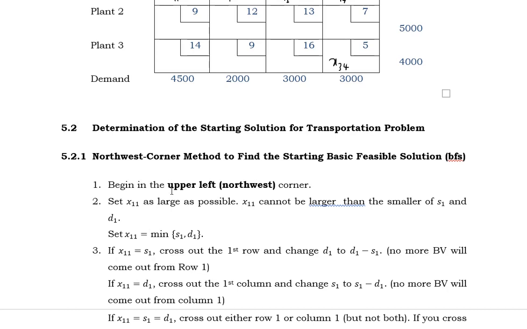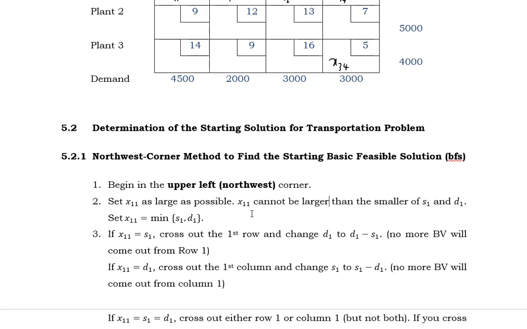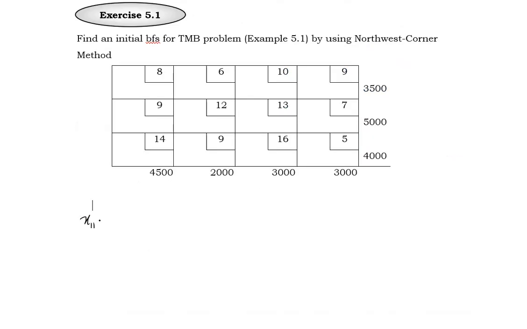To find a basic feasible solution by the northwest corner method, we begin in the upper left corner of the transportation tableau and set the variable x11 as large as possible. Clearly, x11 can be no larger than the smaller of S1 and D1. In the tableau, we set x11 equal to the minimum between S1 and D1.